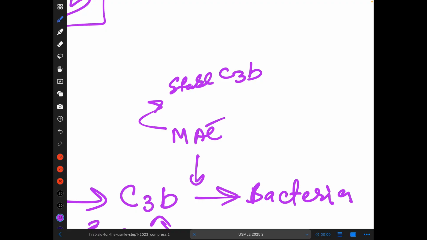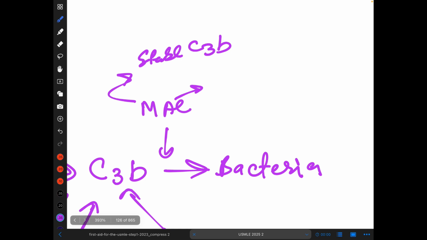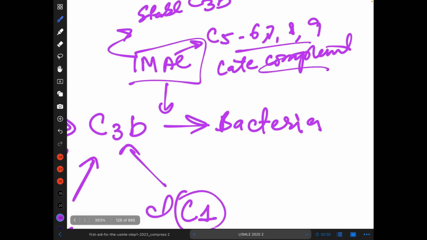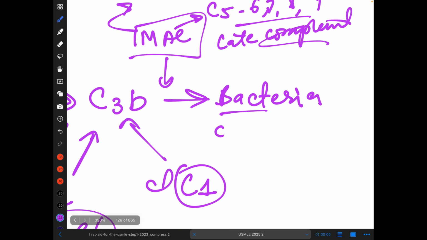The formation of MAC is mainly done by C5, 6, 7, 8, 9, or in easy words, the late complement components. C3b and A fragments will cleave C5 into 5a and 5b, and C6, 7, 8, 9 go together and make the MAC. The bacterial cell will swell and burst.